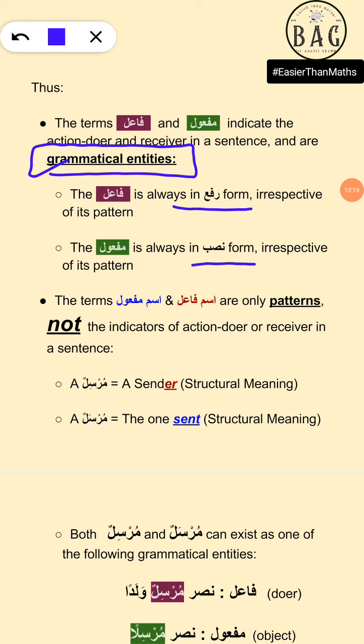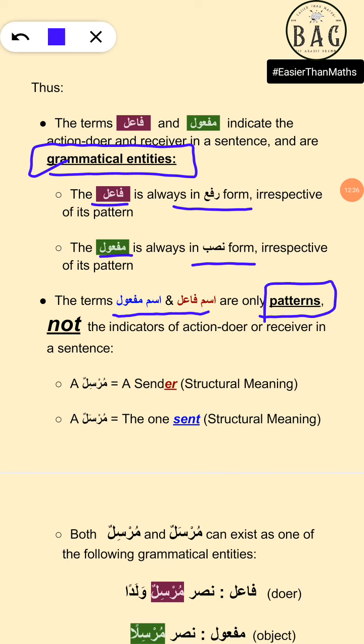I'll be demonstrating this in a sentence below. So no matter what pattern it is, as long as it is in nasab or rafa form, it is going to be labeled as the grammatical entity of maf'ul and fa'il respectively. And the terms ism maf'ul and ism fa'il are only the patterns.